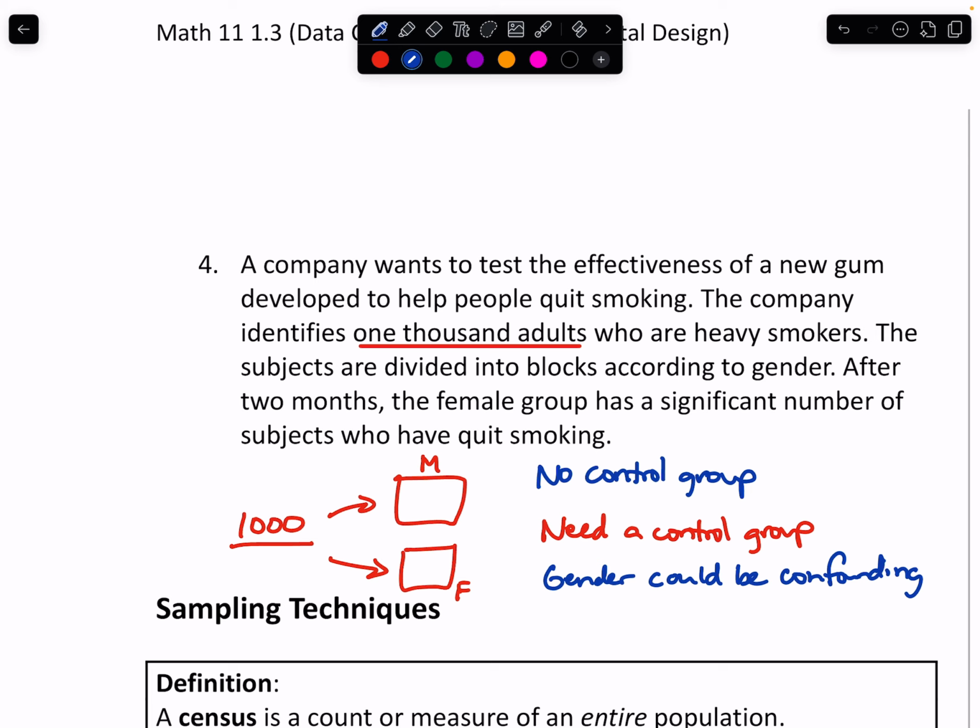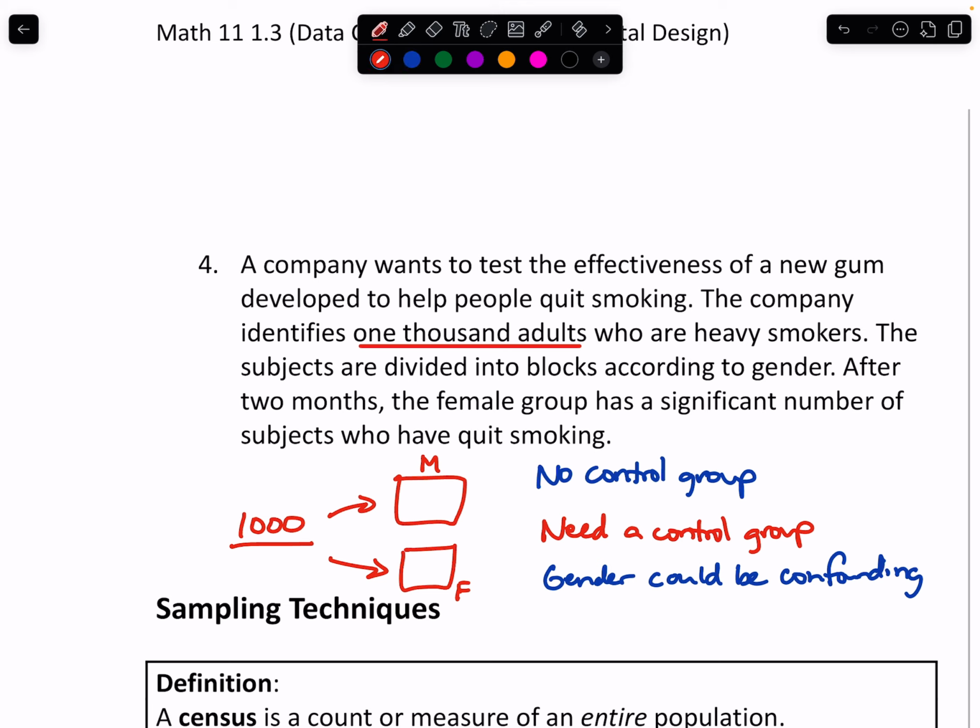Was it the drug or was it that they were female? And so because of that, I can't actually say it was the gum. So there's a new variable that we've introduced here that gets in the way, right? That could be the reason, right? Maybe it just affects females more than males because of some chemical or hormone or whatever, okay?